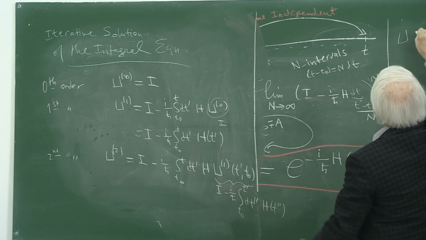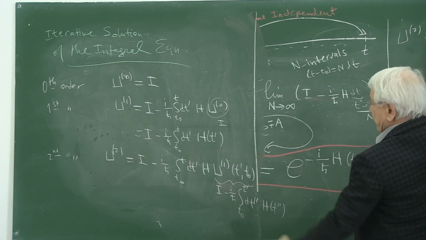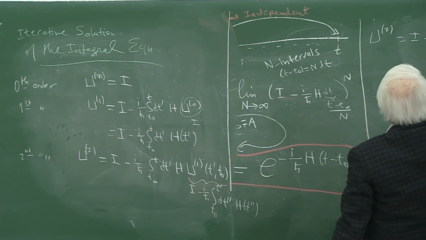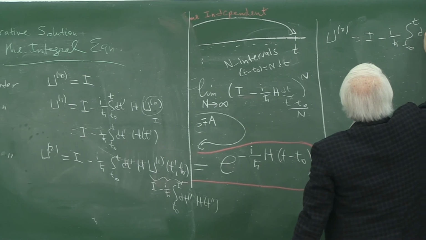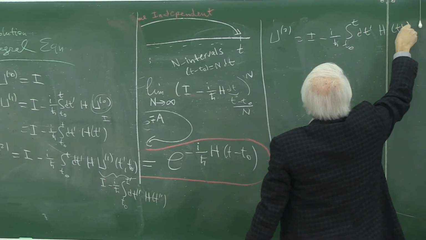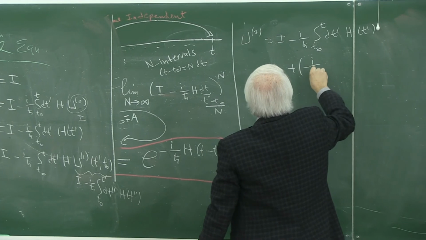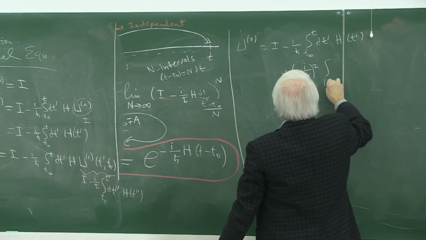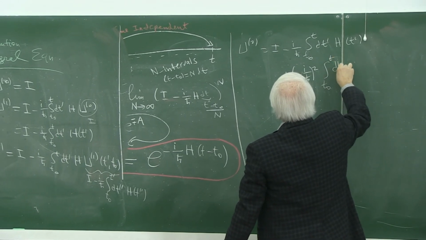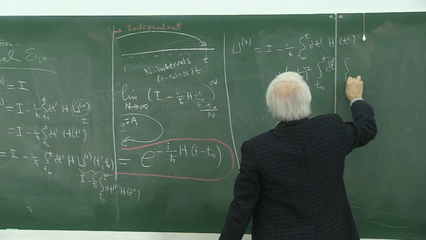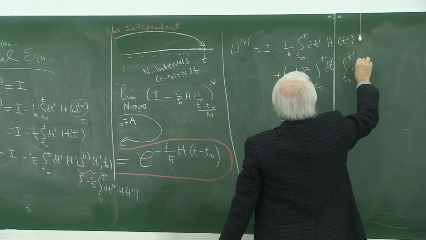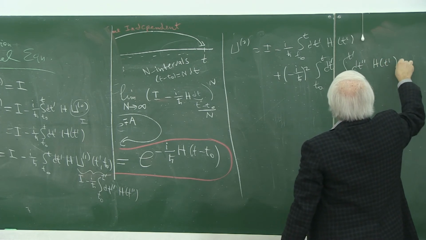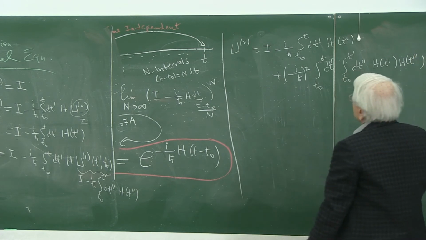So U2 is, the first term is the identity, of course. Second is minus i over h bar, integral t0 to t dt prime H(t prime), and then minus i over h bar squared, integral t0 to t dt prime, integral t0 to t prime dt double prime H(t prime) H(t double prime).